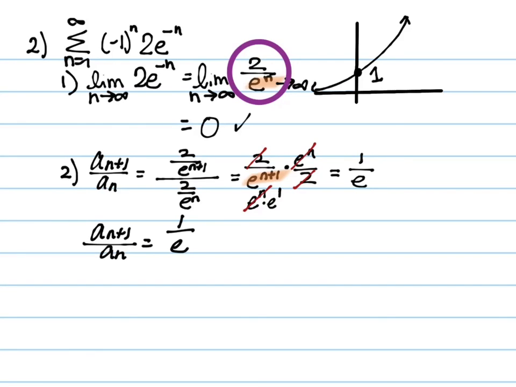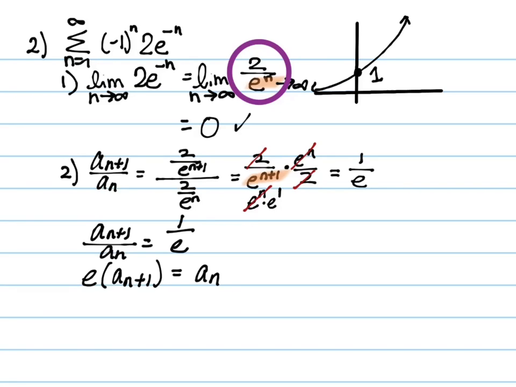So let's take a look at what happens. Well, if I multiply e to the other side, across multiply, I could say it that way. I have e times a sub n plus 1, and that's equal to a sub n. Okay, so there's a couple of different thoughts that I have at this point on how we could go from here.